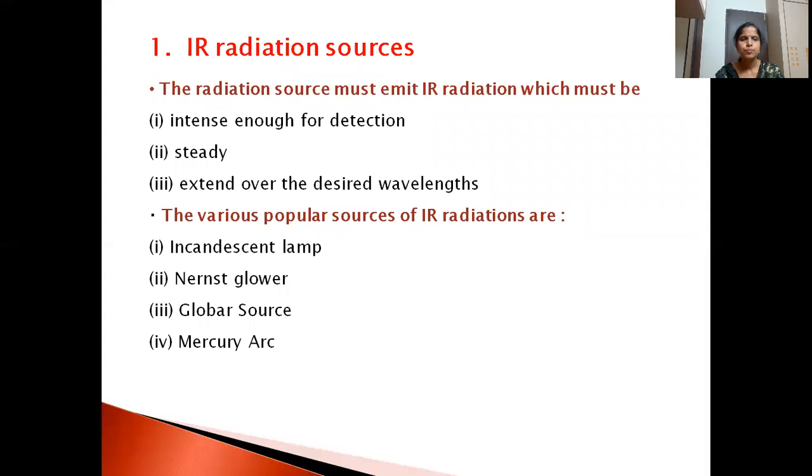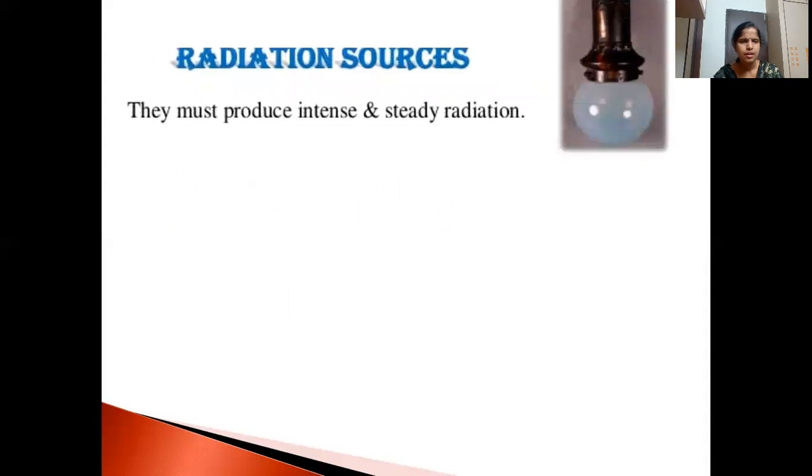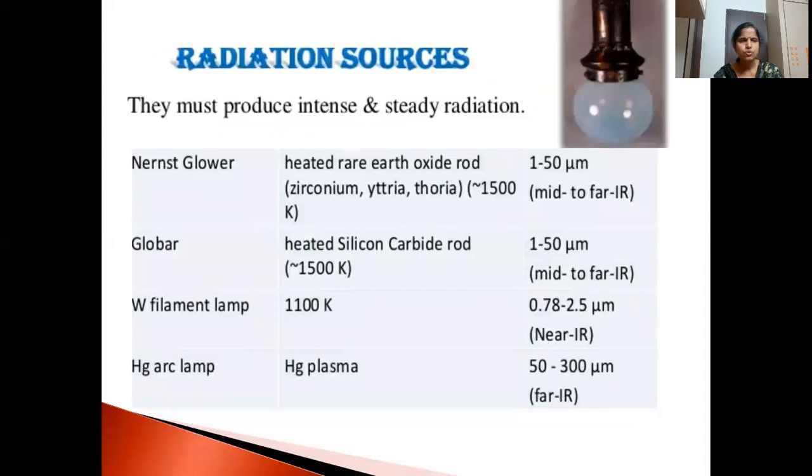The various sources of IR are the incandescent lamp, Nernst glower, globar source, and mercury arc. Now what are these sources? The Nernst glower is made up of rare earth oxides, the oxides of zirconium, yttrium and thorium.